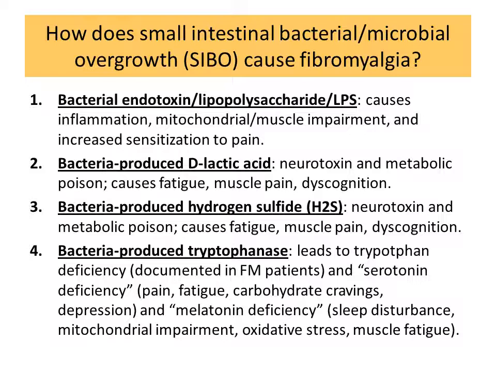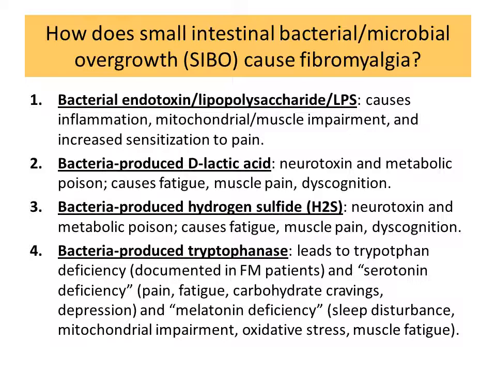Number 2 on my list is bacteria-produced D-lactic acid. D-lactic acidosis is well known in the practice of clinical medicine. It's also a potentially fatal condition caused by overgrowth of bacteria in the intestines. D-lactic acid is a neurotoxin and metabolic poison. In low doses, it causes fatigue, muscle pain, and dyscognition or difficulty thinking.